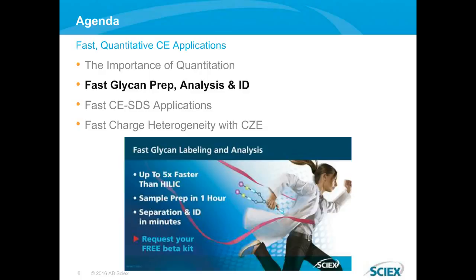So we'll run through N-Glycan analysis by CE. It looks like there are a number of you that use HPLC or HILIC methods. And I'll talk through each of those and the advantages of using CE for glycan analysis.